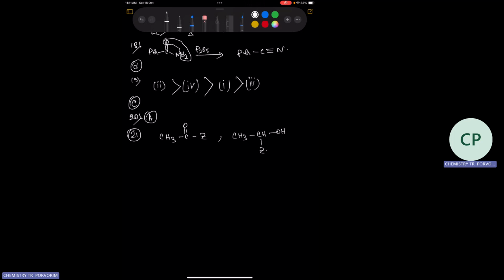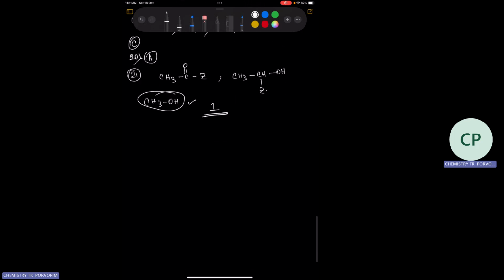So CH3CH2OH can show it, but CH3OH can't, because this group is not present. And then CH3CHO again can show the iodoform test. Again PhCOCH3 can also show it. So our option should be CH3OH. This is a numerical type question, so its answer should be 1.